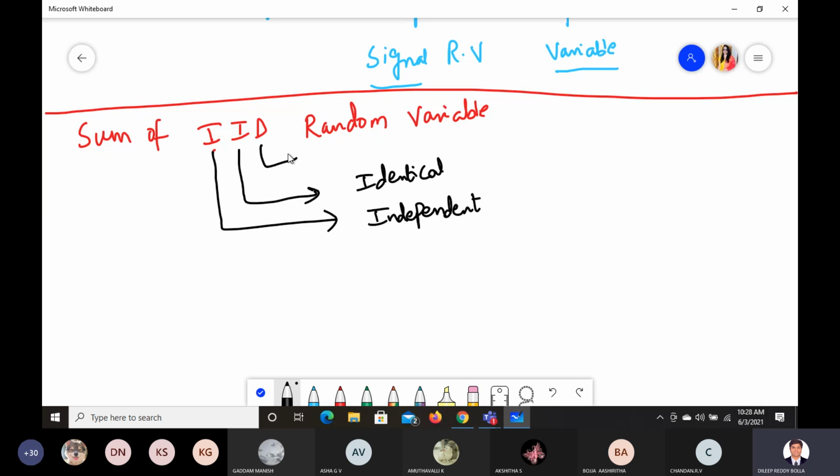This D stands for what? Distributed. So independent, identically distributed random variables. Independent and identically distributed random variables. What is IID?